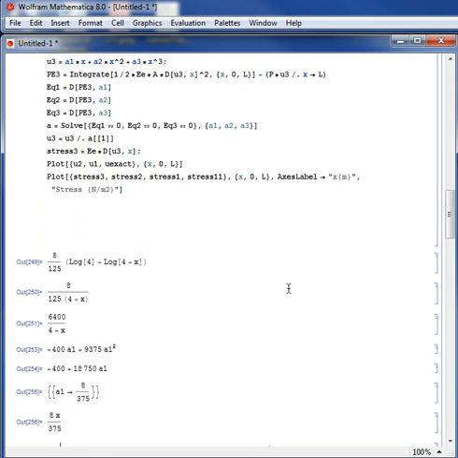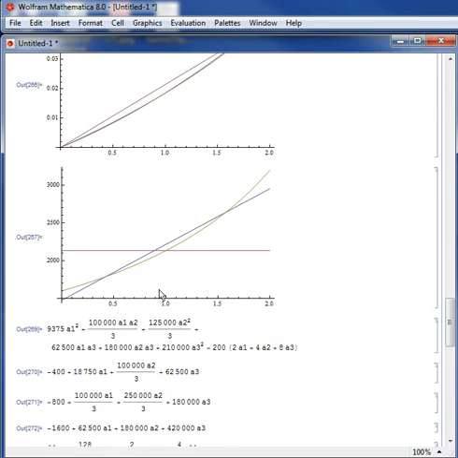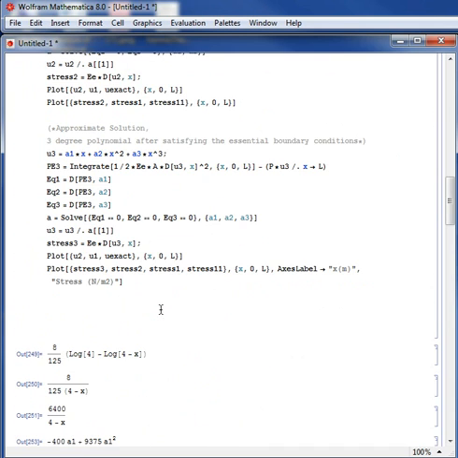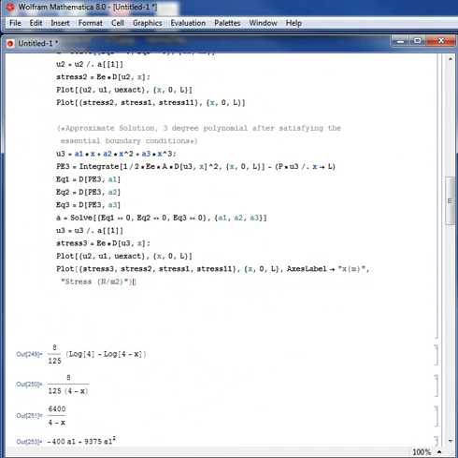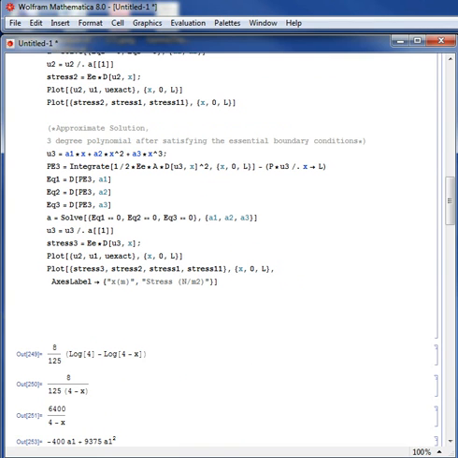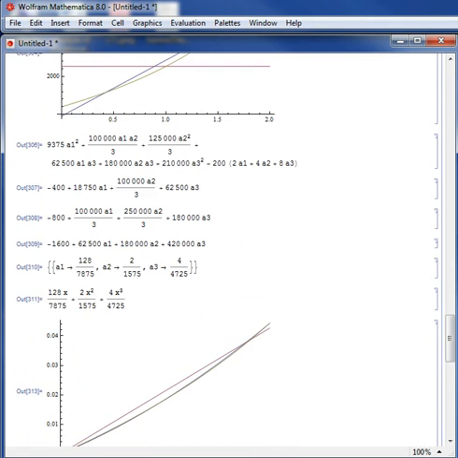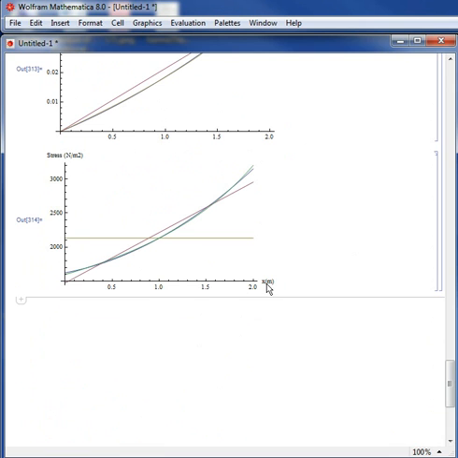Shift enter, and indeed I have to put two curly brackets. So curly brackets, the axes label, the first and the second. So shift enter, and you get, this is x in meters and this is stress in Newton per meter squared.